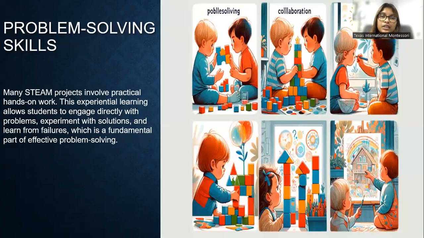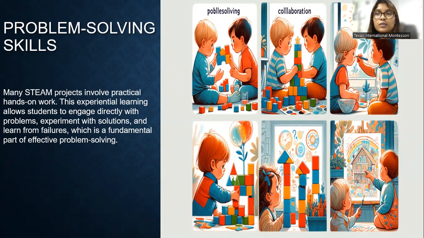artistic value. And then comes the problem solving skills. So now, as I told you earlier, children become divergent thinkers with STEAM. So they try to identify their problems, and after that, they try to find multiple solutions.